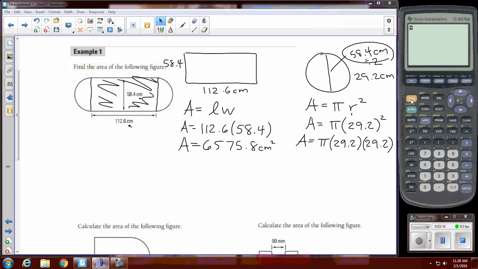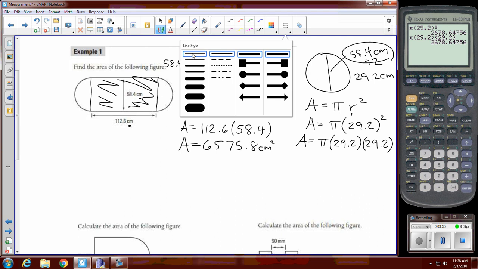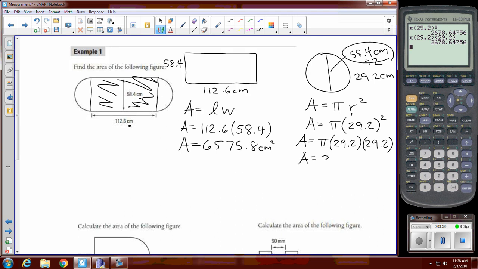If you have a pi button, we're going to say pi times the radius. And I have a squared button, so I can say pi times the radius squared, and I get this. Or you could use pi times 29.2 times 29.2, and we'll get the same answer of 2678.6.